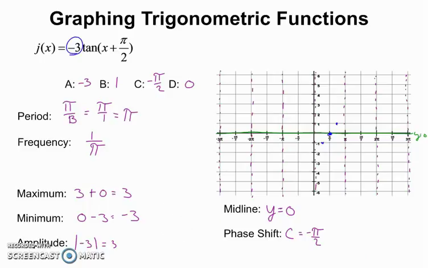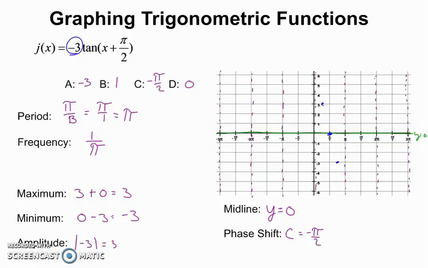So that means we're going to go to the left first, and we're going to go up. And it's a 3, so we're actually going to go up 3. And we're going to go to the right and go down 3. So we're halfway between pi over 2 and 0 and pi over 2 and pi.